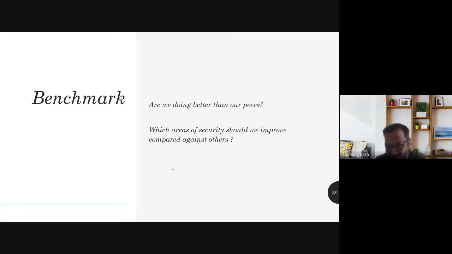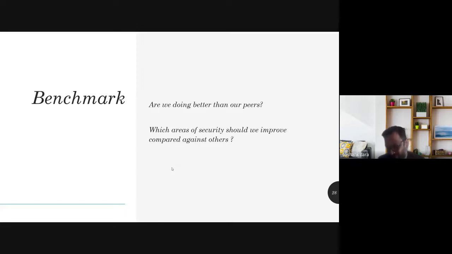Let's say 80% of the time all your machines are patched, whether the industry average is 74% or 68%. But in order to benchmark against the industry average, are we ready to share these metrics ourselves? So many were not ready.